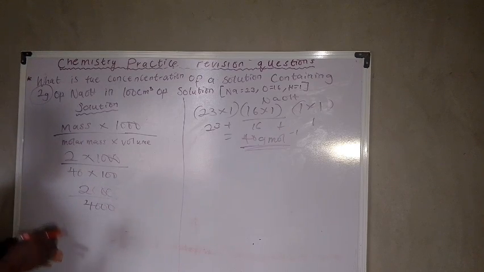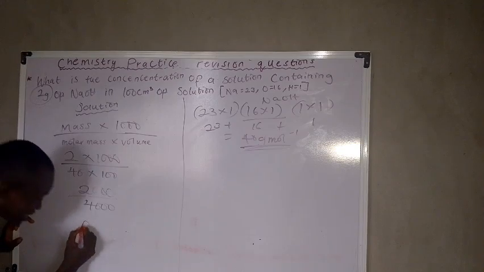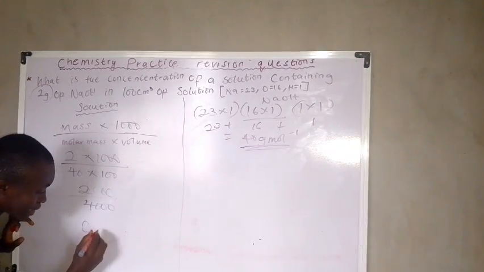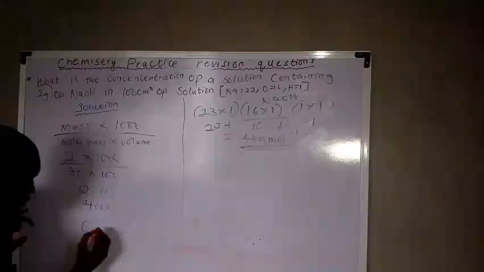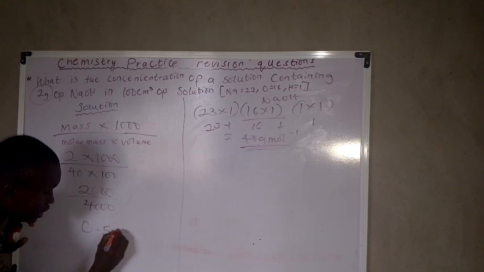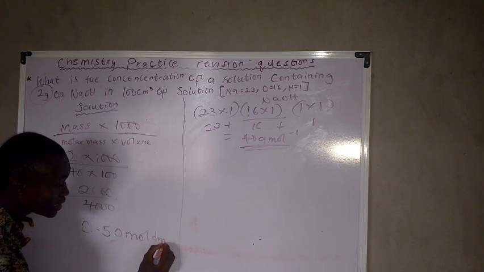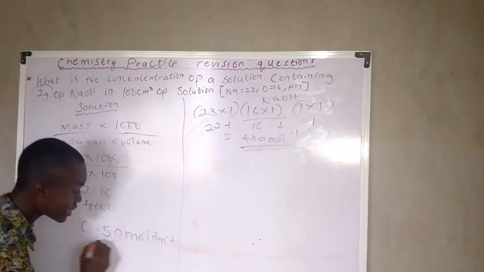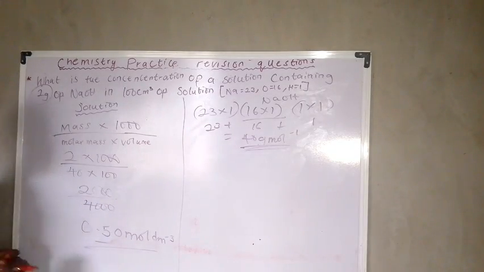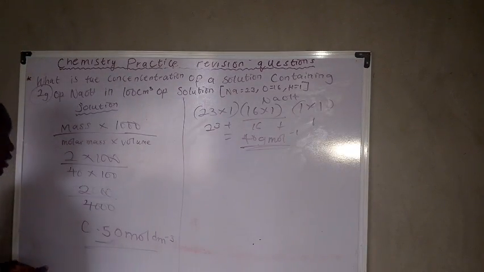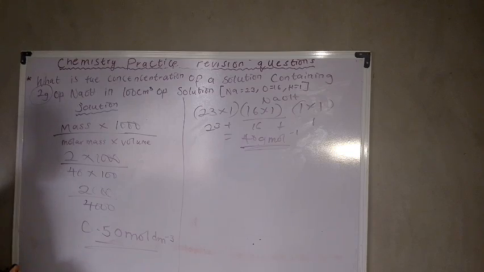When we divide this, it's going to give 0.50 moles per dm cube. That should be noted. Okay, let's move to the next practice question.